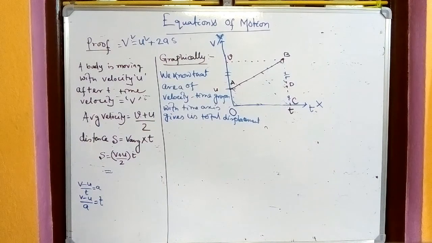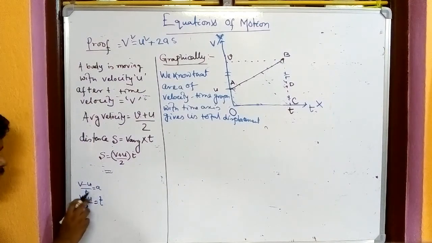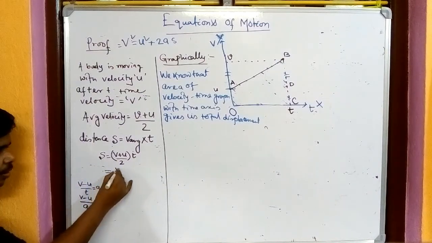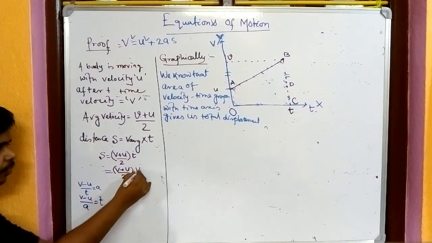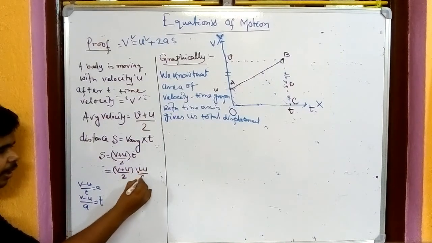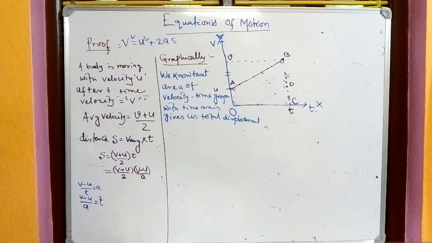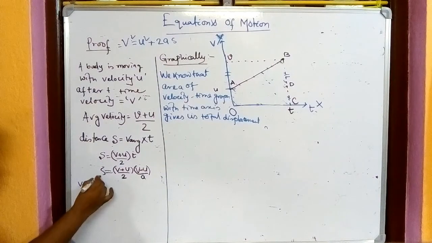I am just interchanging the position of a and t, nothing else. The rest of the thing is the same. So here instead of t I have to put this value, that is v plus u by 2 into, instead of t, v minus u by a, that equals s.